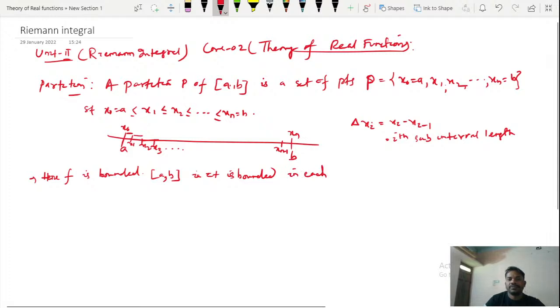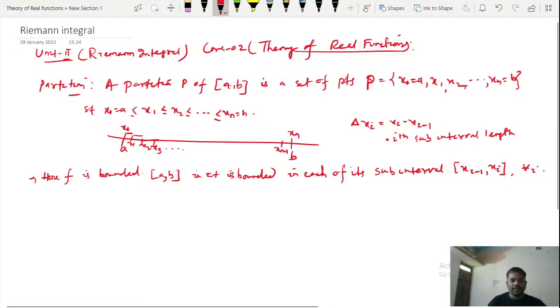Each of its subintervals means the ith subinterval.